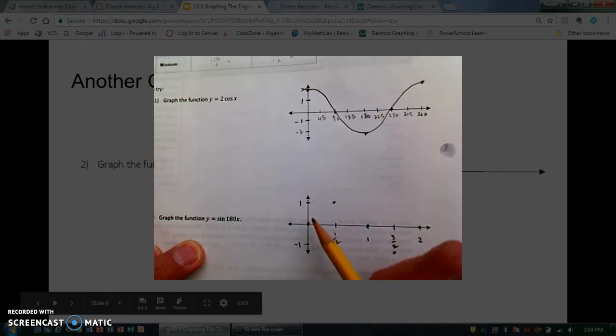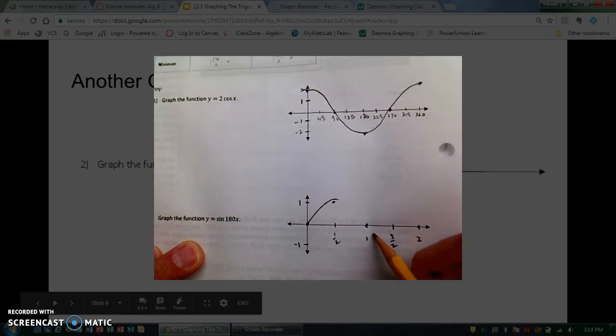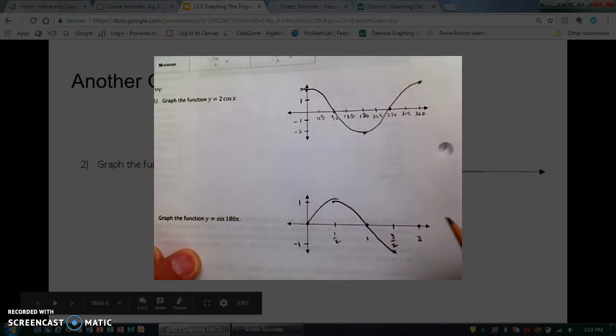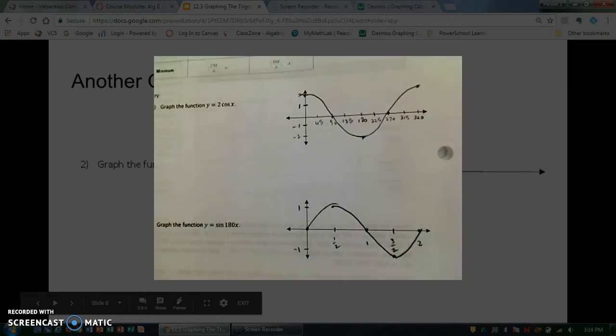So let's look at how this is going to go. For our purposes right now, we're drawing a very similar graph and we're changing the values of the scale.